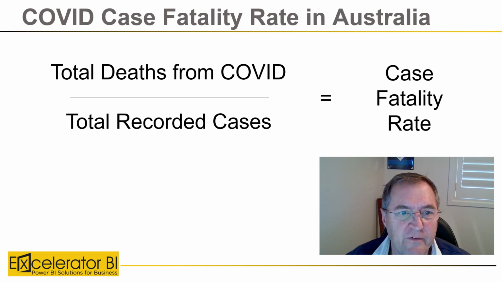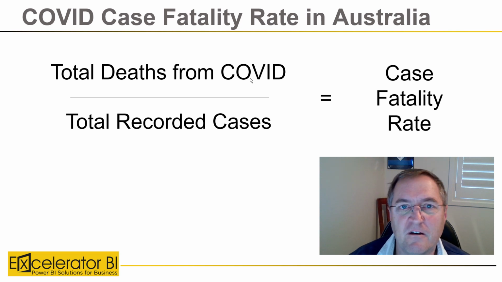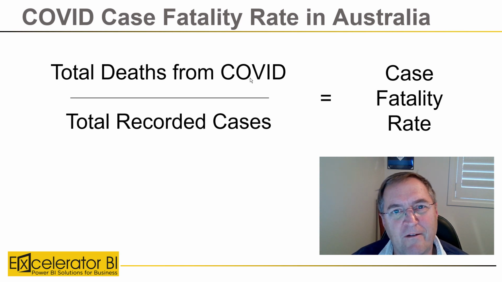The case fatality rate is defined by the total deaths from a disease, in this case COVID, divided by the total recorded cases. The infection fatality rate is normally lower than the case fatality rate because the total infections that exist in a community are not always measured, and therefore it's normal that the total infections are higher than the total recorded cases.